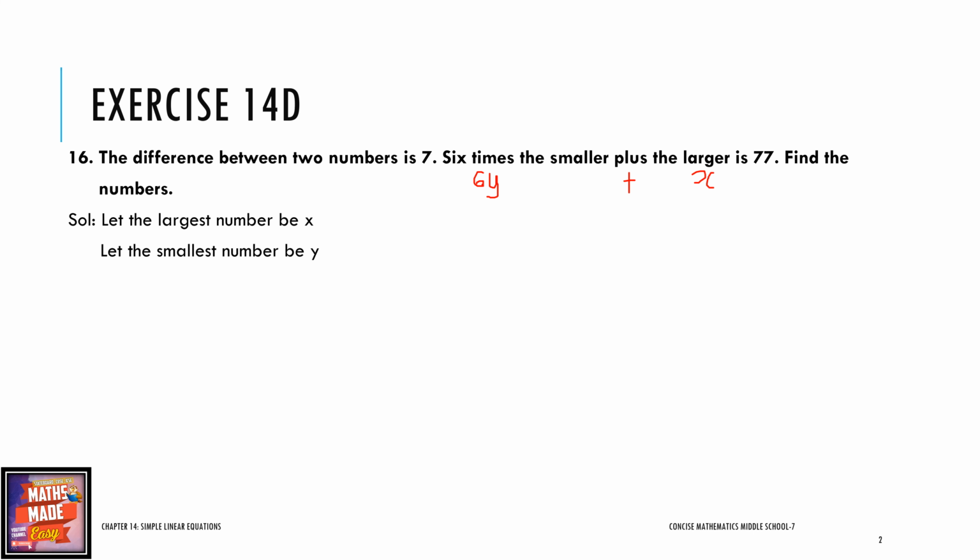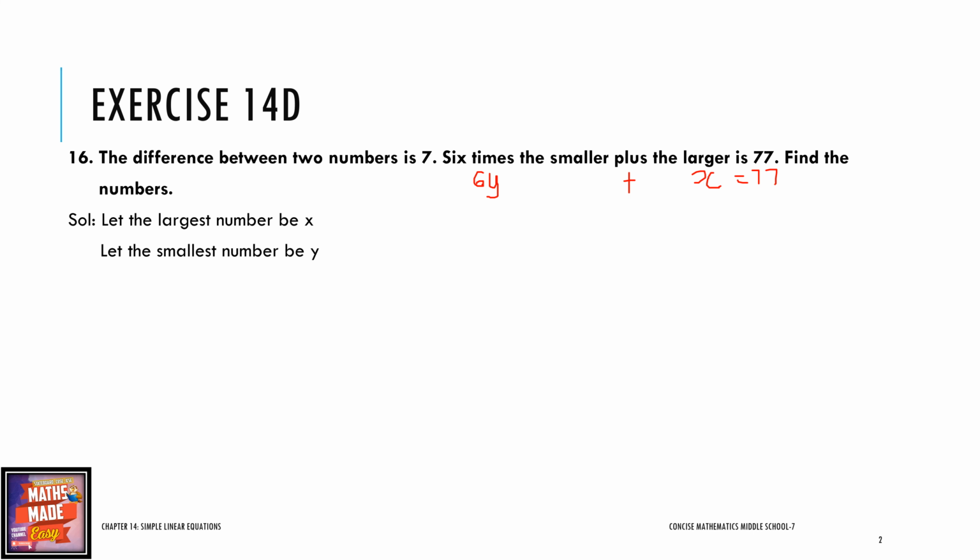If you are assuming that the smaller number is x and the larger number is y, then here it will be 6x. If you are assuming the smaller number is x, then you can even do it like that. Is equal to 77. See, we got the expression from the statement itself.